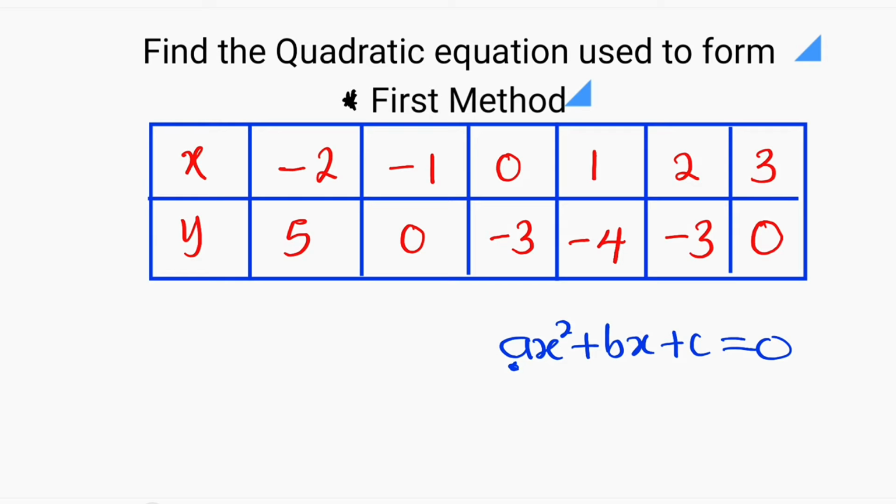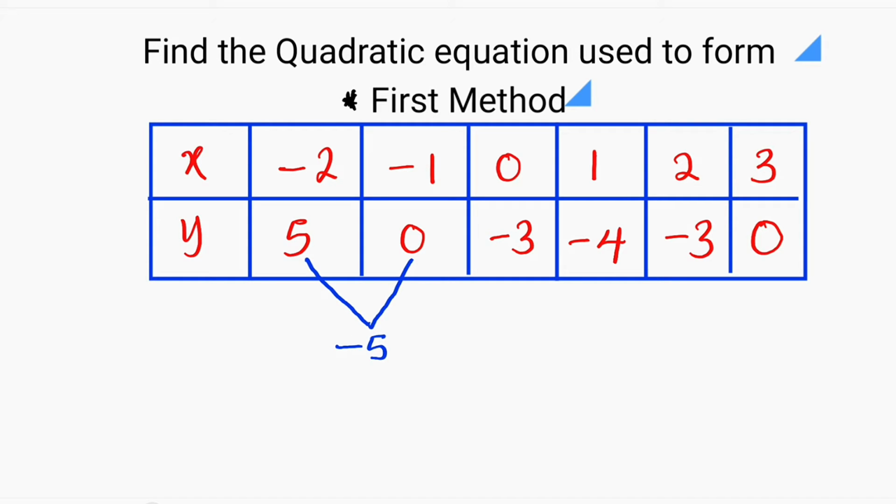So let me delete this and start working. First of all, what number can you add to 5 to get to 0? That is the first number we need to find here. That number must be -5 because 5 minus 5 is equal to 0. We continue in that order. What number can you add to 0 to get to -3? That number is -3.